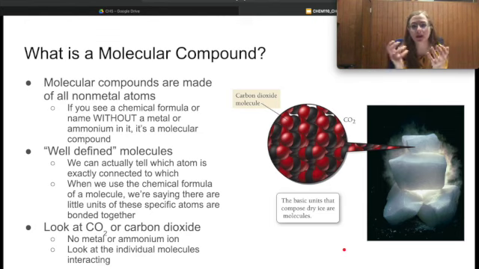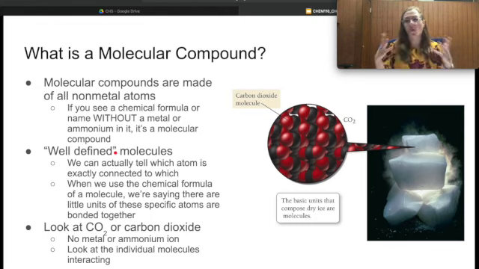What's interesting about molecular compounds is that, in comparison to the ill-defined crystalline solids of ionic compounds, we actually do have well-defined molecules.